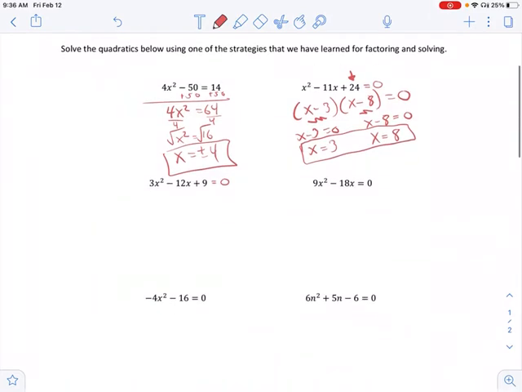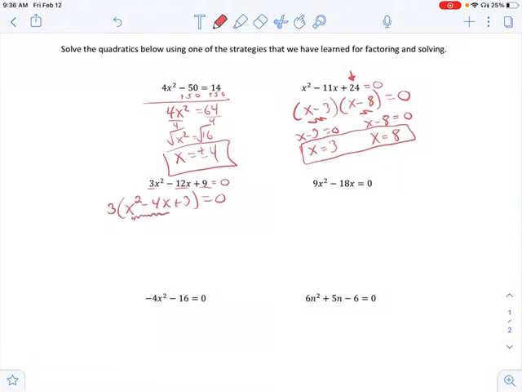All right, my third question, I have an x squared and an x, so I'm going to need to factor. Whenever you need to factor, you always want to take out the common factor first. So here, each of these is going to be divisible by 3. So I can take a 3 out of each, and I end up with this expression.